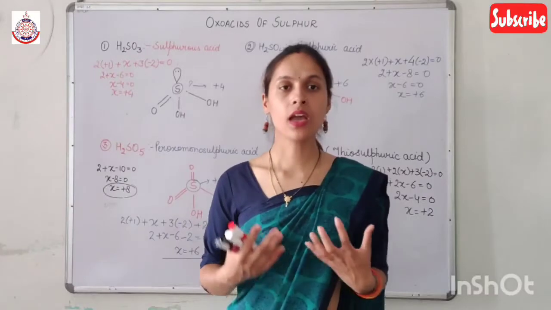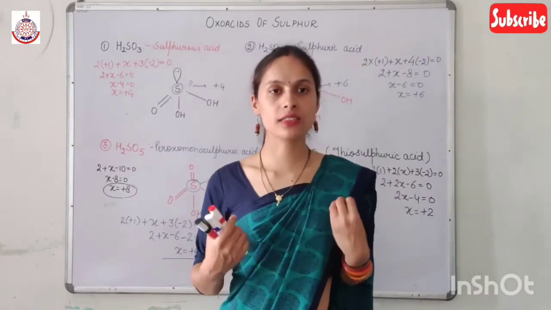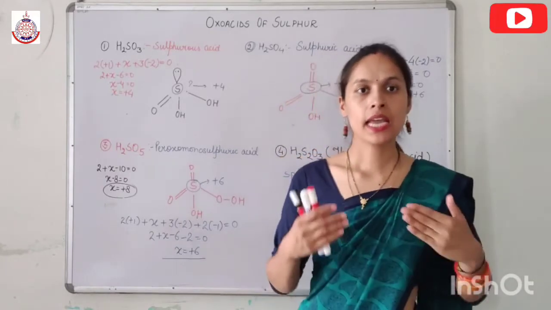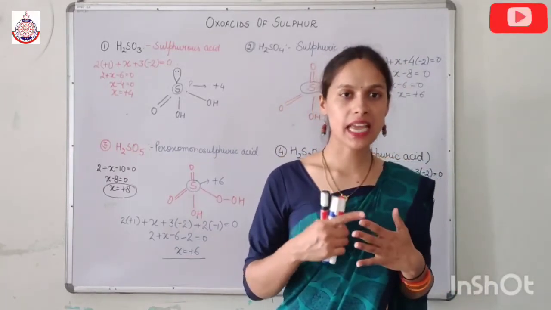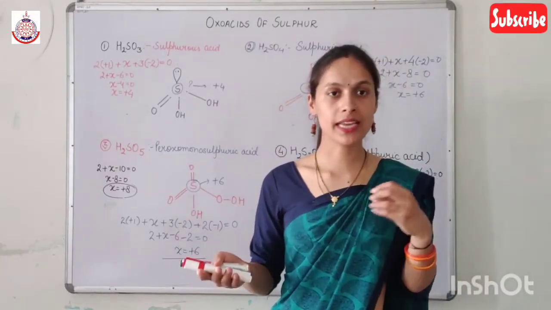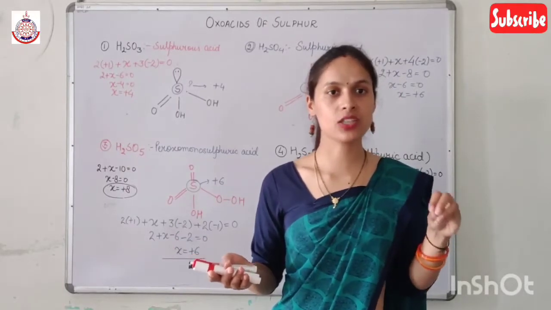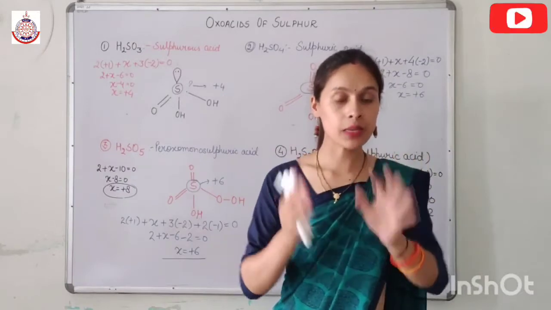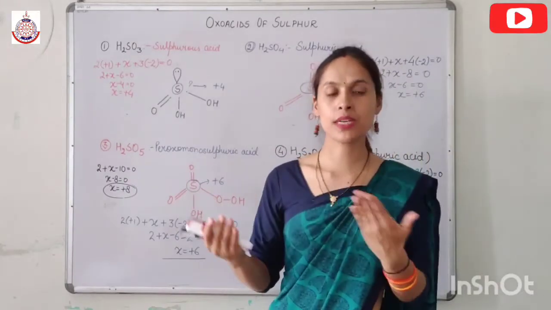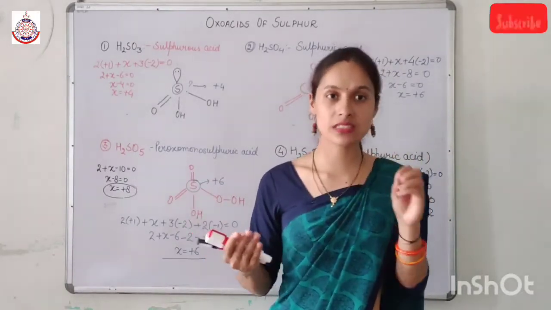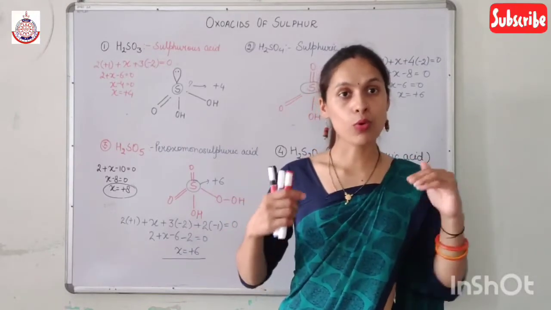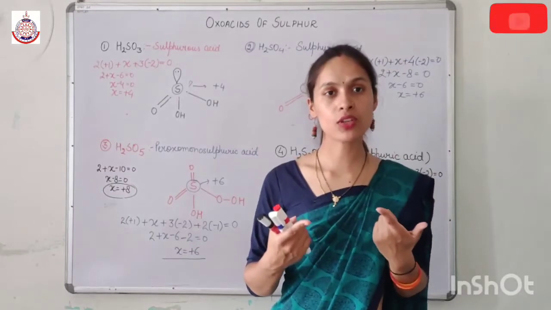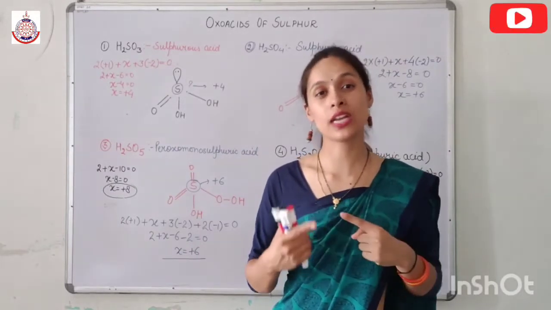Penetration power means the effective nuclear charge experienced by any subshell of a particular shell. We know that if we have s, p, d and f subshells of a particular shell, then s has the most penetration effect because it is at a minimum distance from the nucleus compared to the p, d and f of the same shell. So more penetration power means more effective nuclear charge, and more effective nuclear charge means more electronegativity.